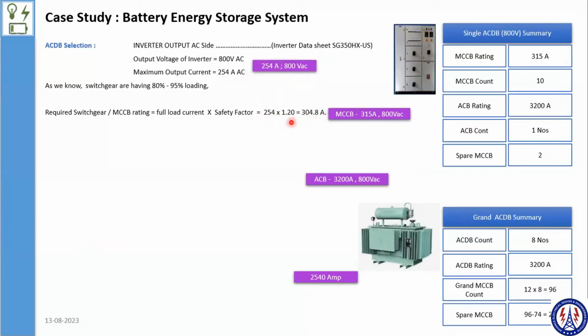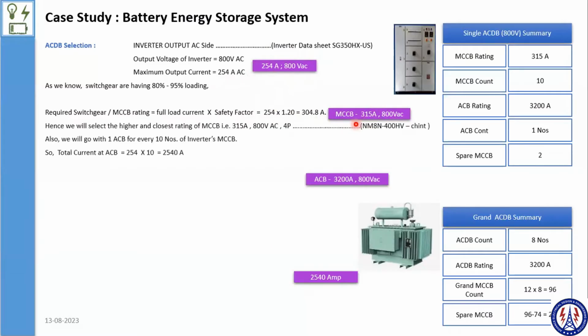So I can go to the catalog for the MCCB and select an MCCB of 315 amps, 800 volt AC. I selected this MCCB for each inverter. Important thing: we select the closest higher rating. We will go with 1 ACB for every 10 inverters.